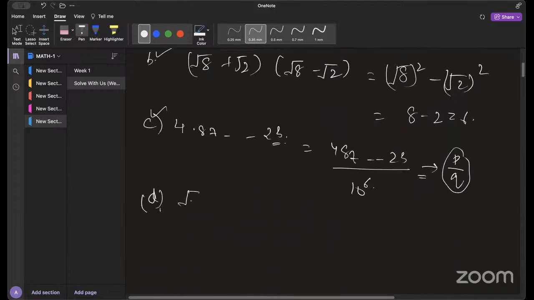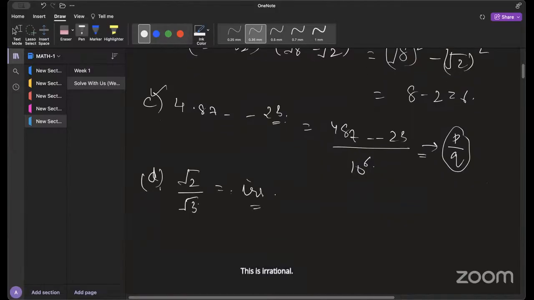Then root 2 by root 3 is not a rational number. This is irrational. Root 2 is irrational and root 3 is also irrational, and they don't give you a number which ends after the decimals. It won't end when you write it in decimal representation.